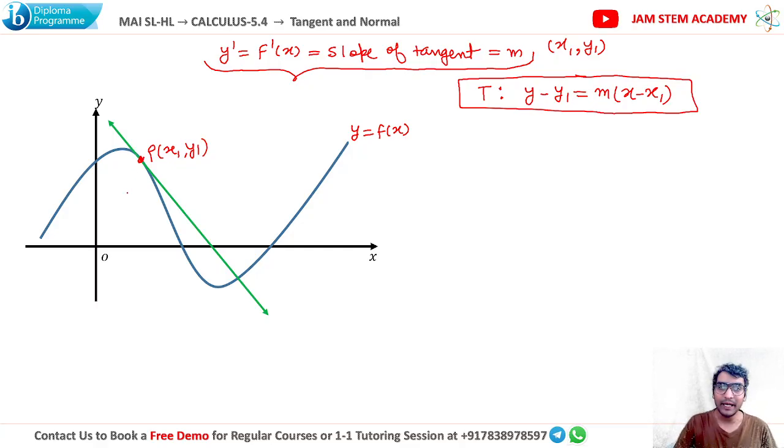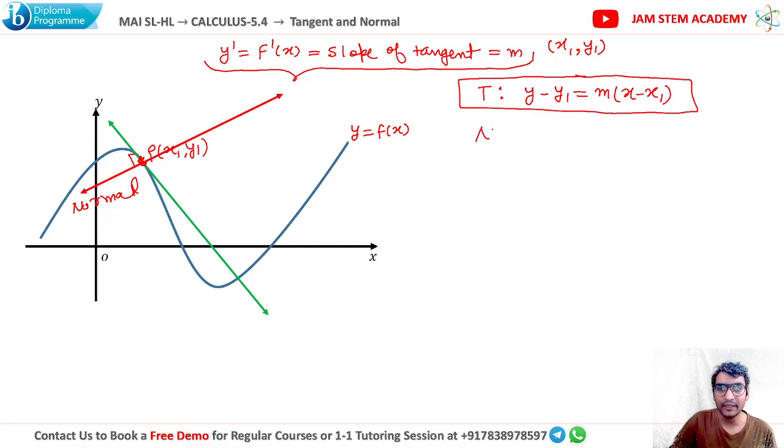A normal line is perpendicular to the same tangent line at the point of contact. The red colored line here is the normal line, which is perpendicular to our given tangent line.